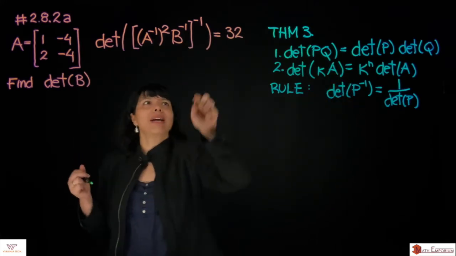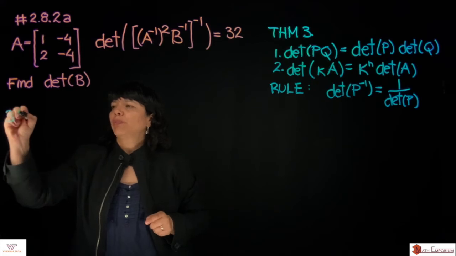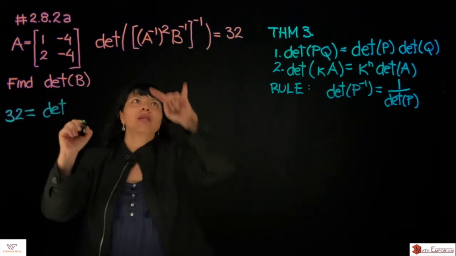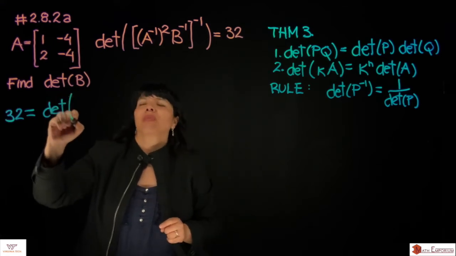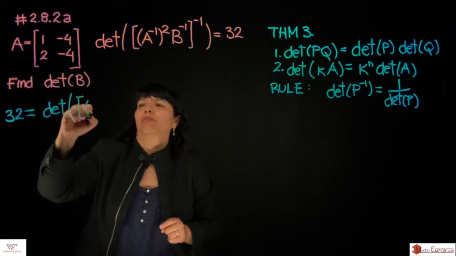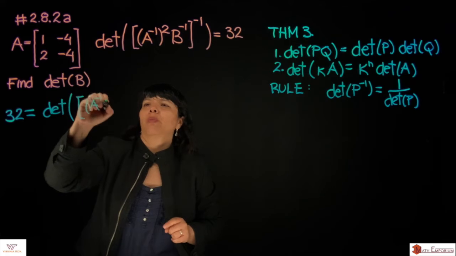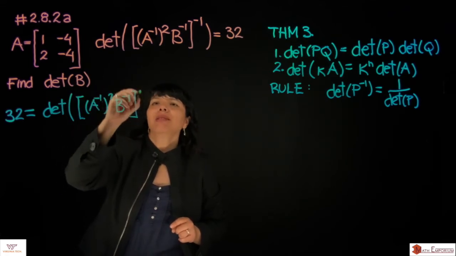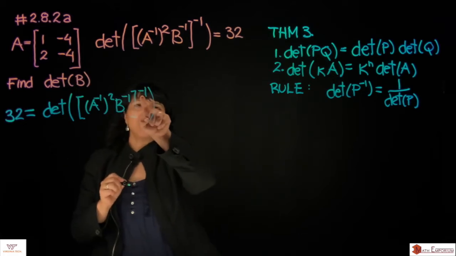So what do we have? I have the 32 is the determinant of this. And if you see, I have an inverse here.